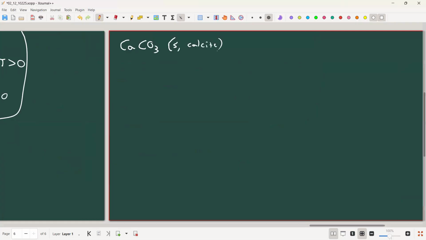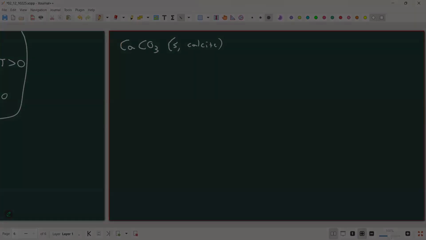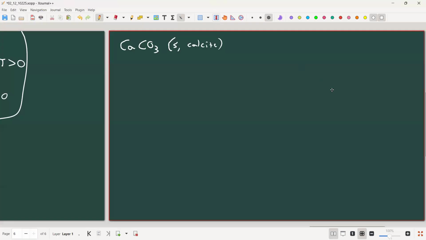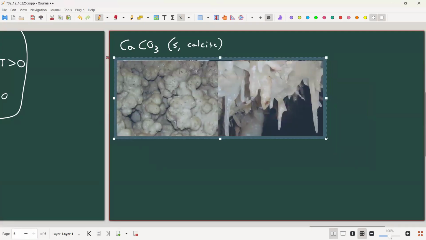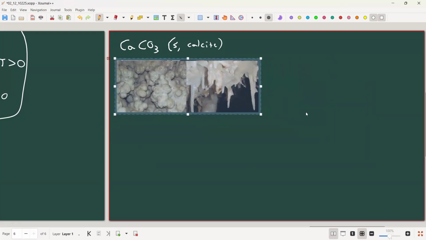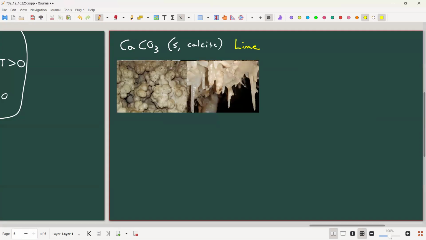It has different forms of calcium carbonate. One of them is called calcite. I have a picture of calcite. This is one of the common calcium carbonate minerals. This is what makes the pretty stalactites and stalagmites in caves. This is what we call lime typically, the stuff you find on cave walls.